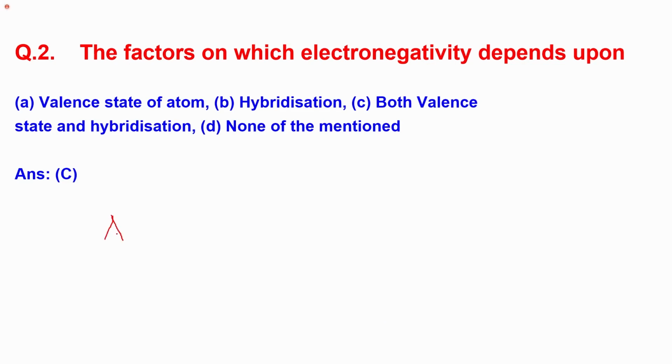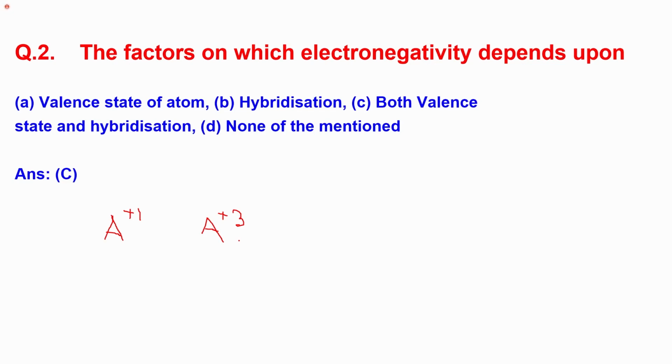Let's say A is in +1 and A is in +3. The one in the +3 oxidation state is a more electron deficient species compared to A plus 1, which has less electron deficiency.